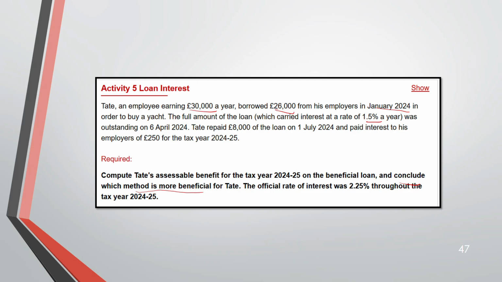The full amount of the loan was outstanding on 6th April. He repaid 8,000 on 1st July 2024 and paid interest to his employer of 250. Now we'll calculate the assessable benefit.